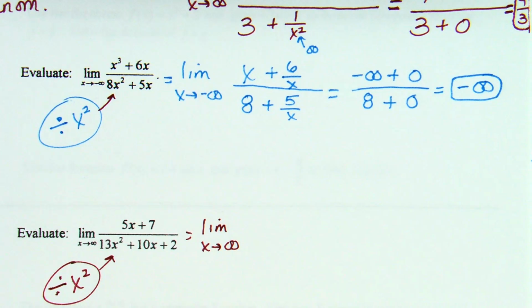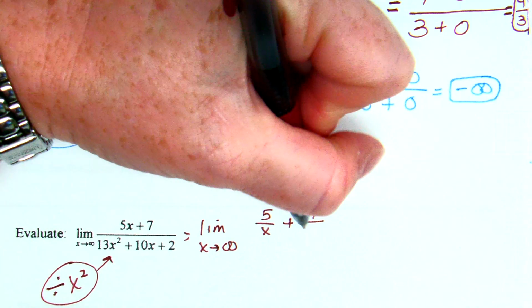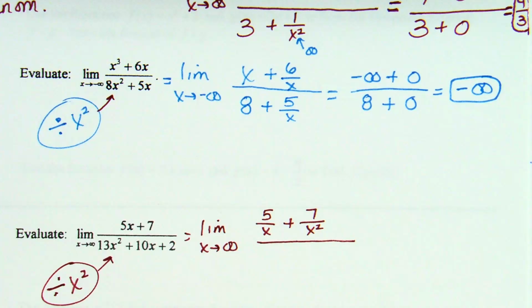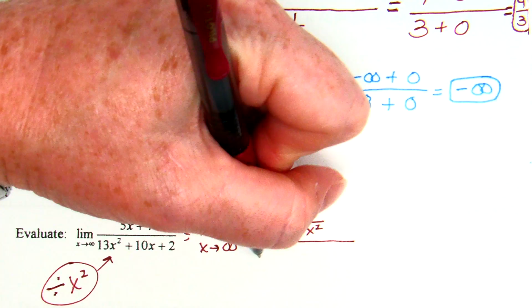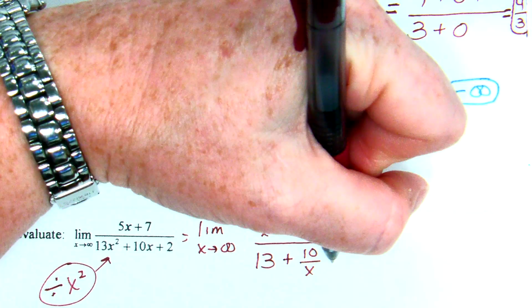What's 5x divided by x squared? 5 over x. Plus 7 divided by x squared. Okay. So, in my mind, I already see where my numerator's going, because I've got two little fractions there. Denominator: 13x squared divided by x squared is 13. 10x divided by x squared is 10 over x. And 2 divided by x squared.